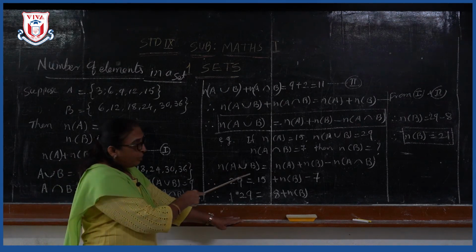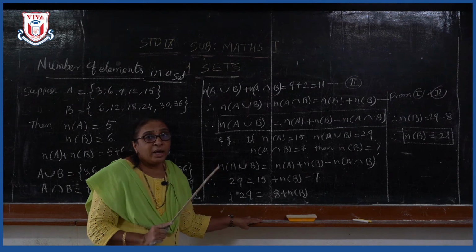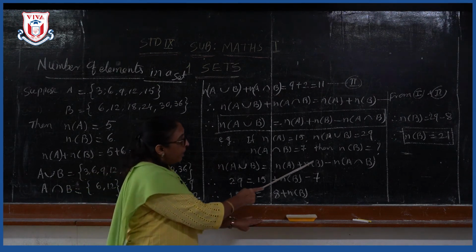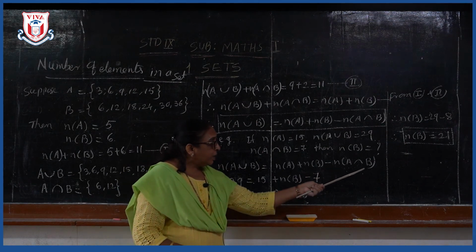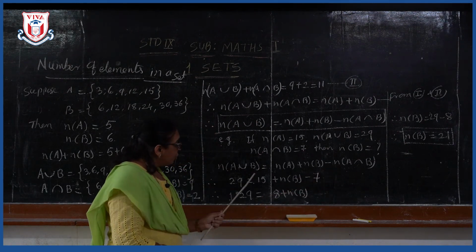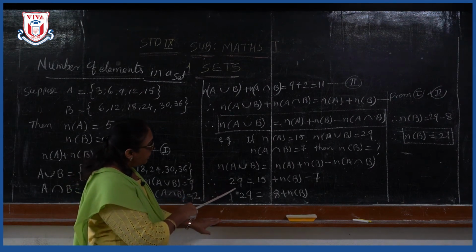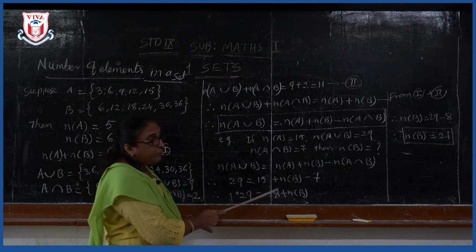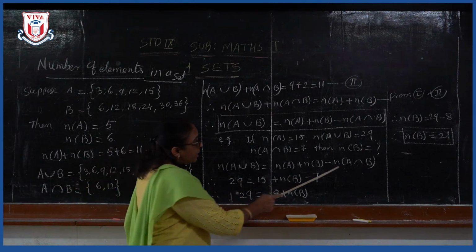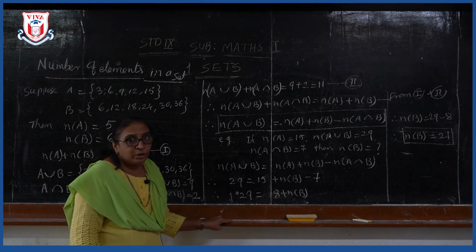Let us write the formula first. n of A union B is equal to n of A plus n of B minus n of A intersection B. Now substitute the values. n of A union B is given as 29, n of A is 15, plus n of B we have to find out, minus n of A intersection B is 7 given to us.